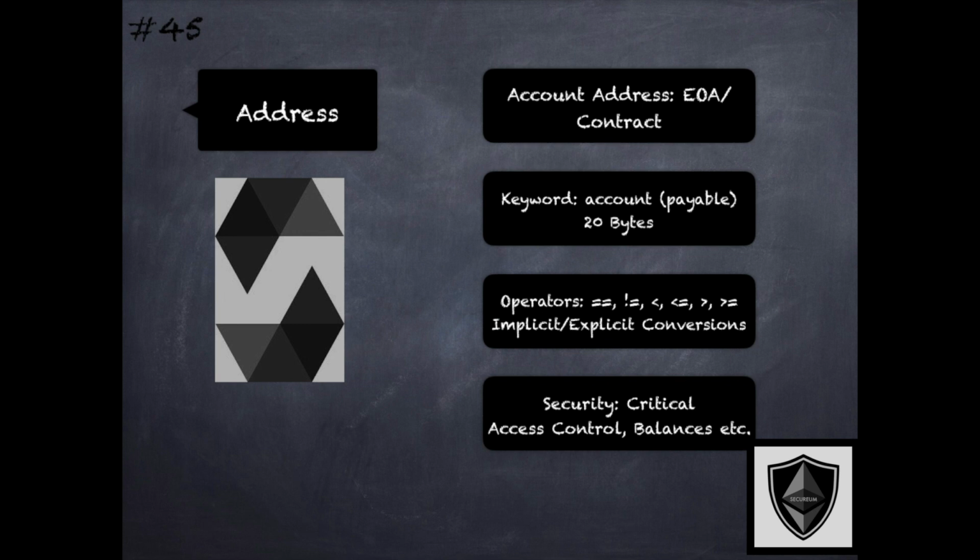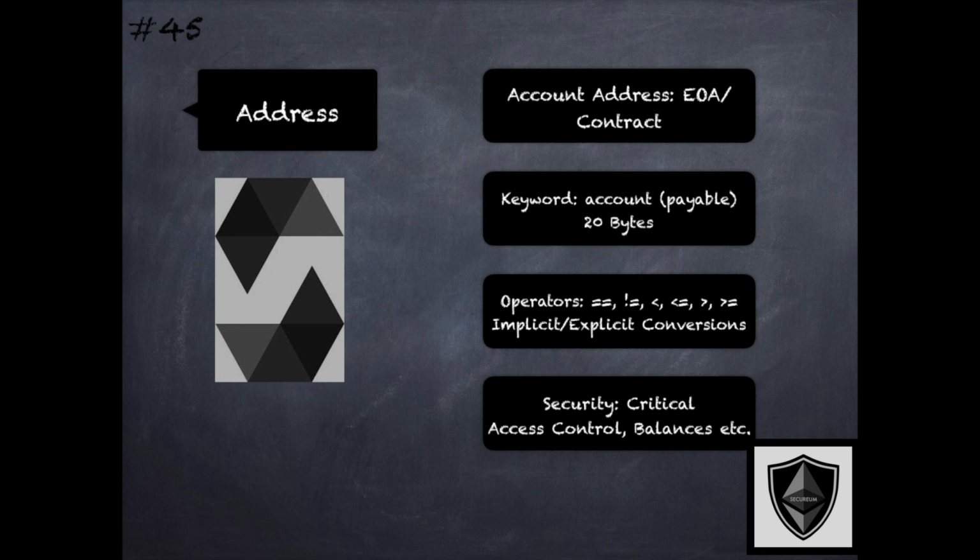And from a security perspective, you can imagine how address types play a critical role in contracts. These addresses are used in different types of access control. Some addresses may be considered more privileged than others in the context of the contract logic. Addresses can also hold Ether balances and token balances.